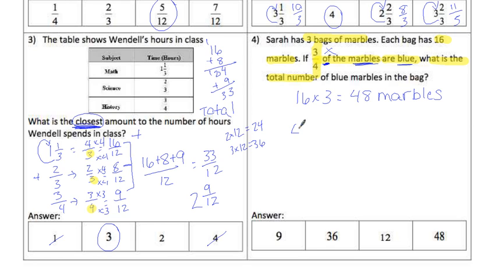So we're going to do 48 times 3/4. Remember, whole numbers go over 1. 48 times 3 is going to give me 144. 1 times 4 is 4. And if I divide this by 4, because they're both even, I'm left with 36 over 1, which is just 36. So I'm left with 36 blue marbles.